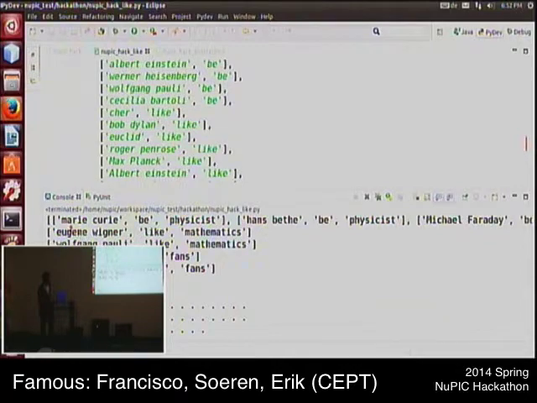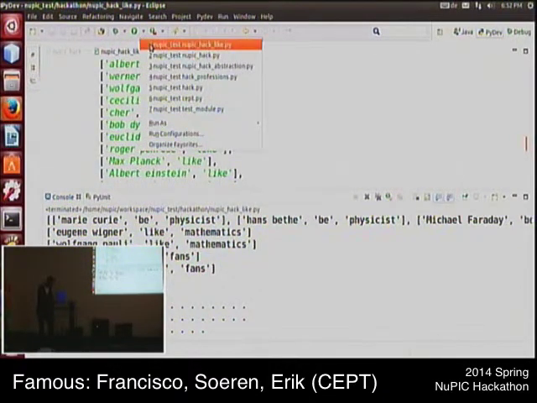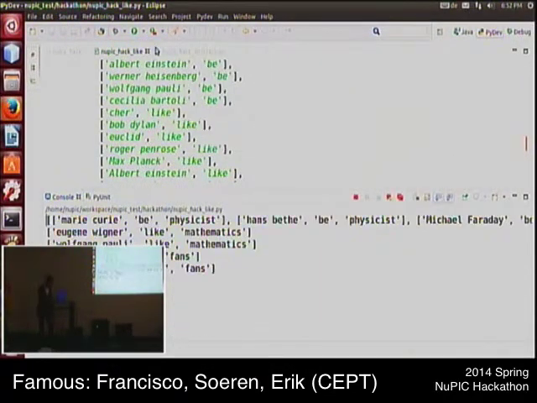Here we have just 4 sentences, that's all: Eugene Wigner likes mathematics, Wolfgang Pauli likes mathematics, so they're both physicists, and then we take Katy Perry likes fans and Nancy Sinatra likes fans. And then we run this again, with just a very few sentences.